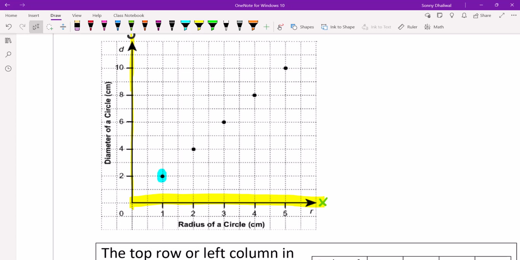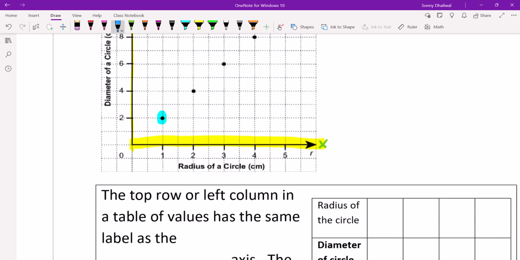What's the X value for that? It is not 5. We go from the dot down to the x-axis. The X value is 1 for this point.